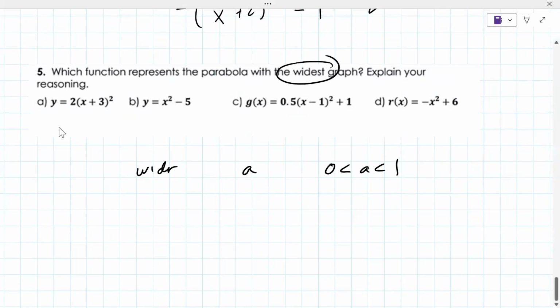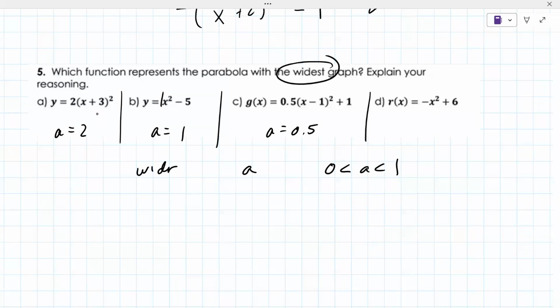So the a value in the first problem, letter A, is 2. The a value in B is 1. The a value in the third one is 0.5. And the a value in the last one is -1.